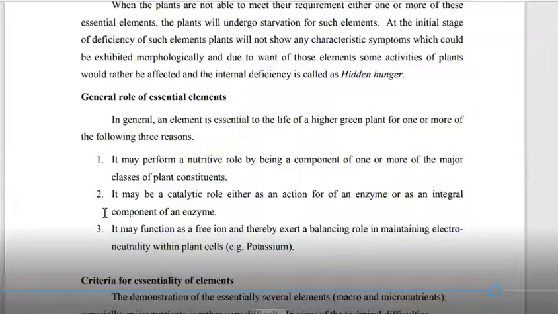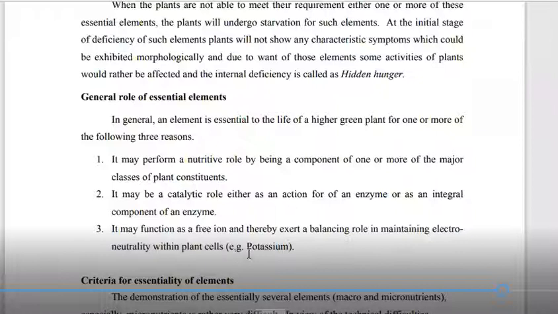Then it may function as a free ion, exerting a balancing role in maintaining neutrality within the plant cell, in order to maintain the positive and negative ion concentration outside and inside the plasma membrane.